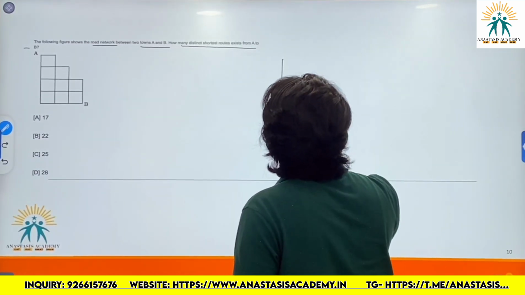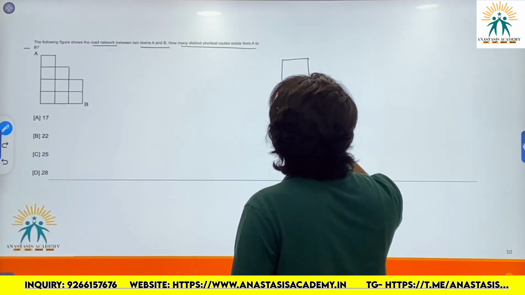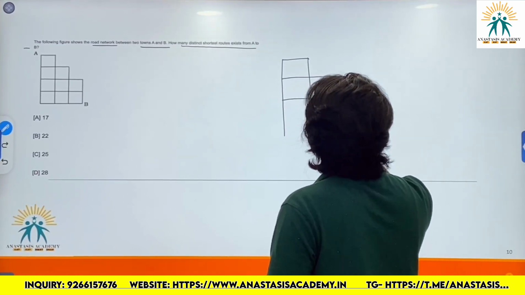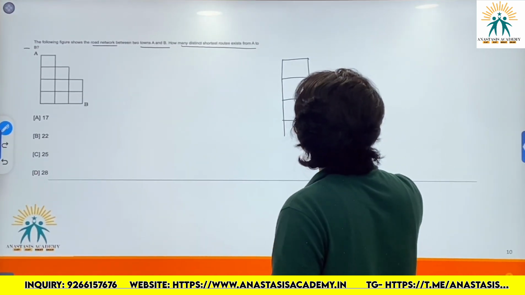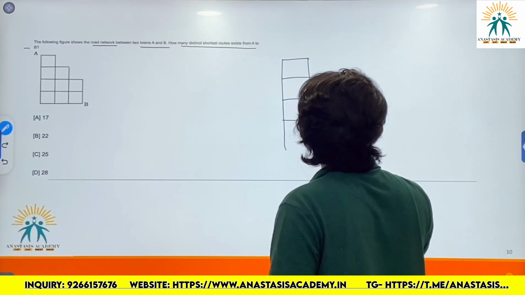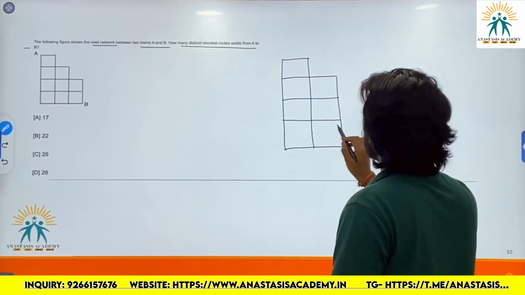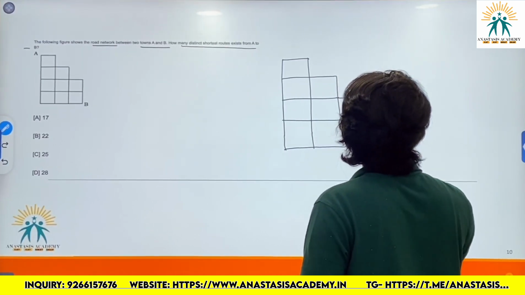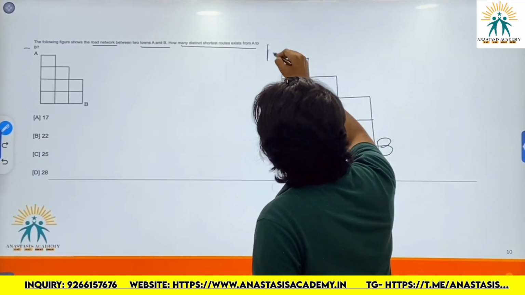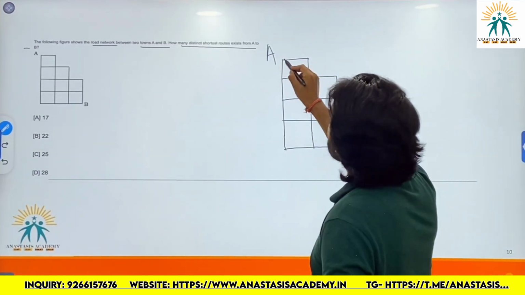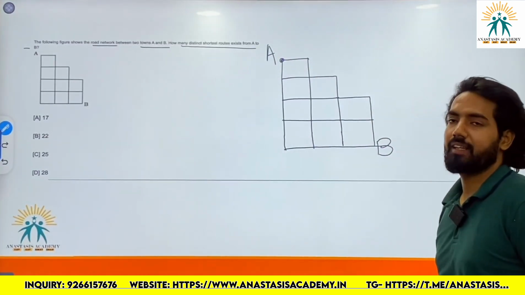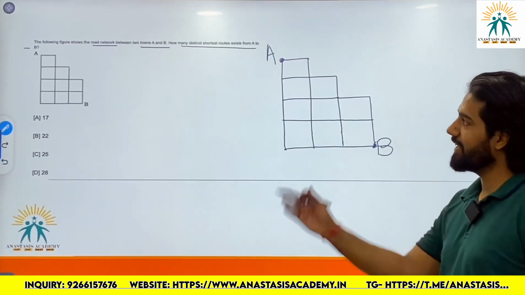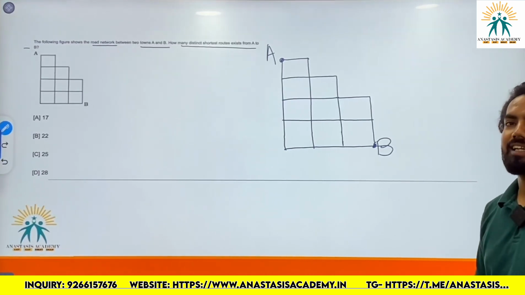Now this grid is like this. This is town B and this is town A. I have to reach B from point A, and these are the road network between A and B. Now this is a classical question of permutations and combinations.